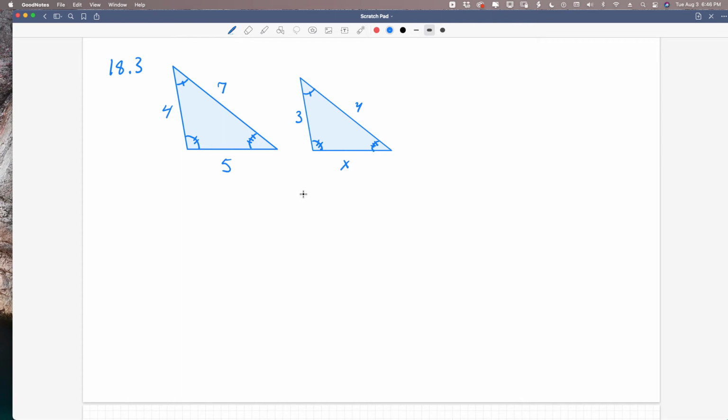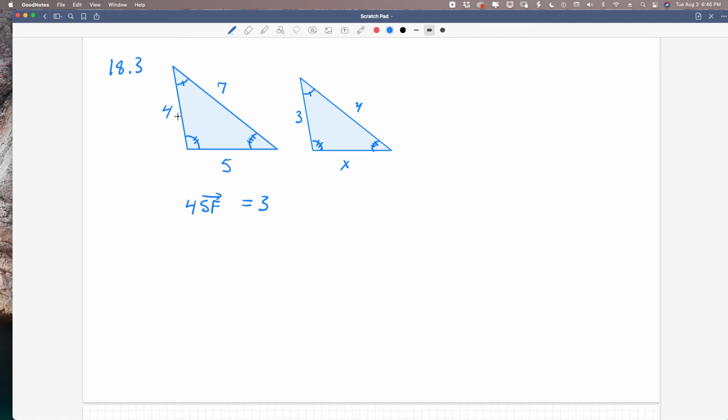All right, so in order to find your scale factor, you're going to use the side that has all the measurements. You're going to multiply that times the scale factor, and you're going to this side, so that's going to be 3.